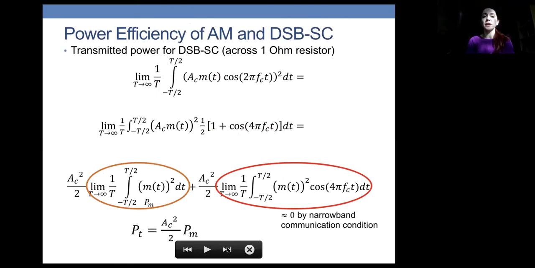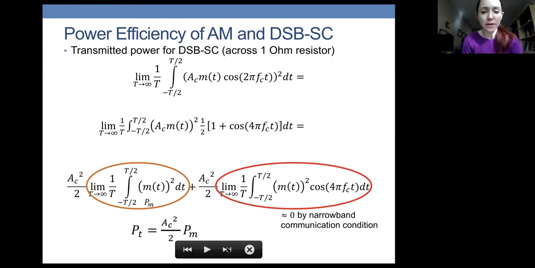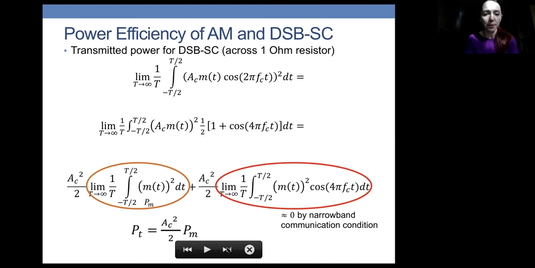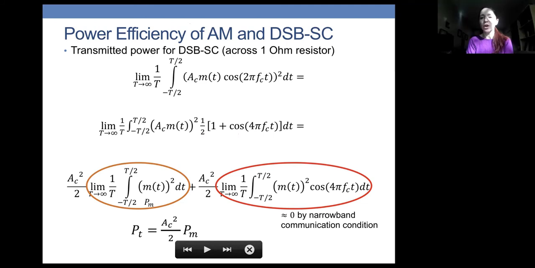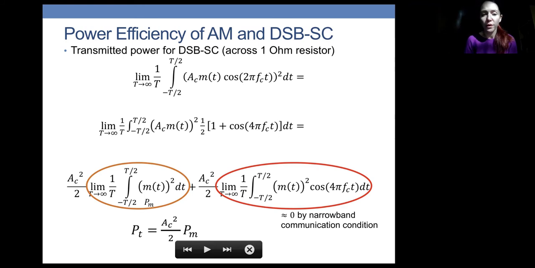Let's talk now about the power efficiency of amplitude modulation and double sideband suppressed carrier. In order to do that, let's imagine that we are transmitting this double sideband suppressed carrier signal across a 1 ohm load. How much power would we be transferring to this 1 ohm load? Basically energy averaged over time, right?